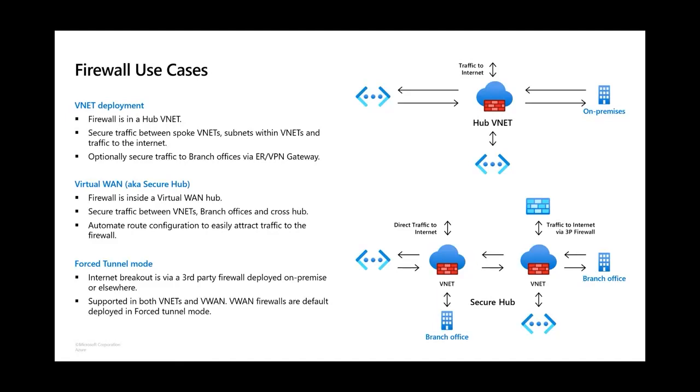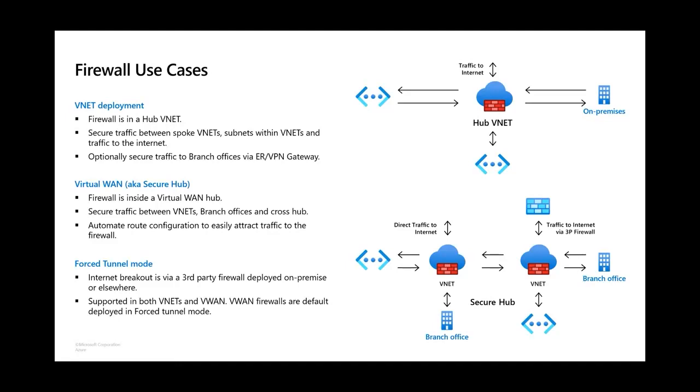It allows inspection within the same virtual network, between spoke virtual networks, traffic to the internet, and additionally, traffic to and from on-premises, branches, or another cloud provider using VPN or Express Route Circuit.